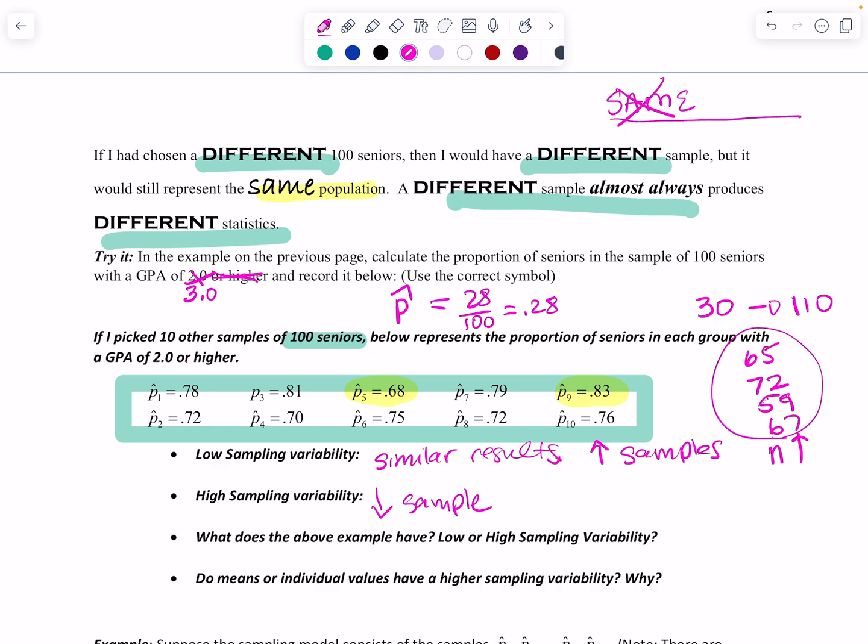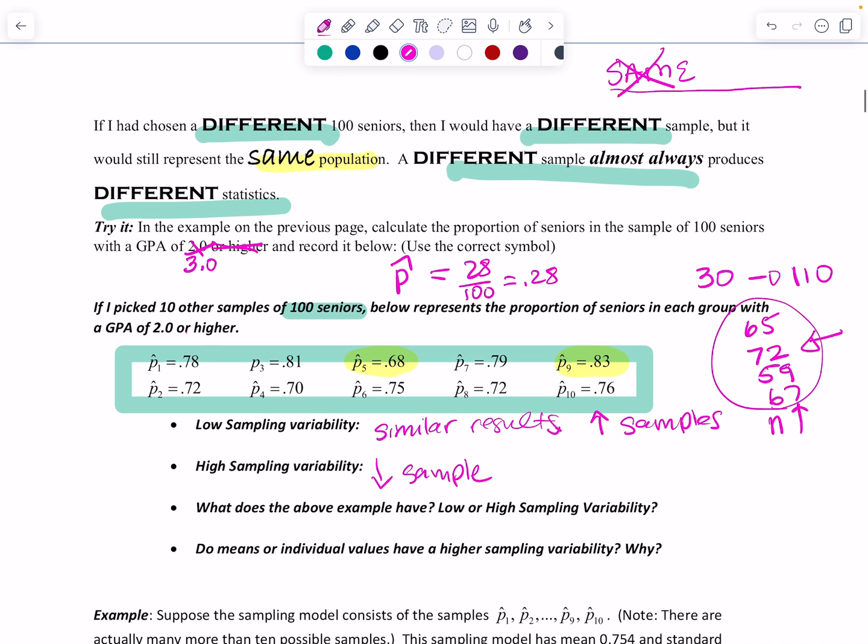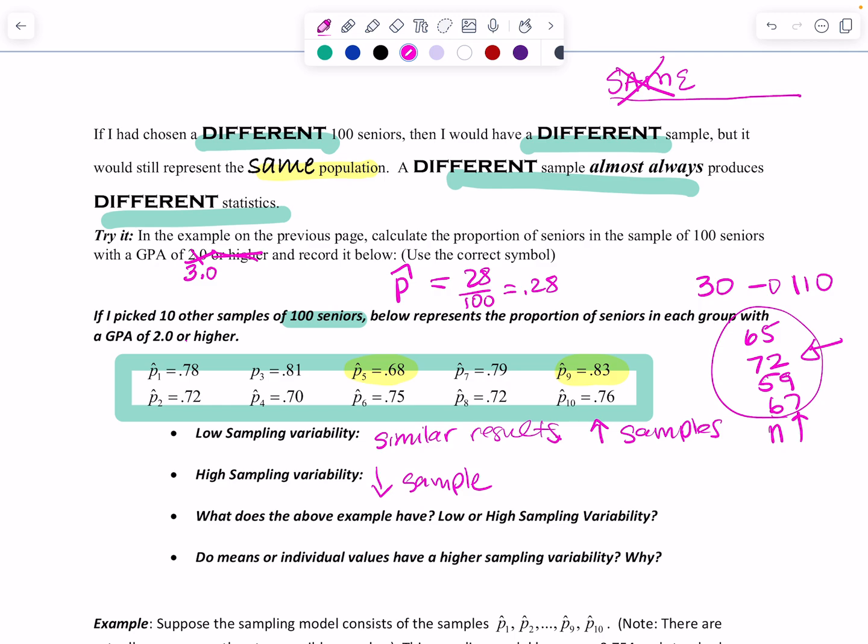So when I found the average of each class, the sampling variability went down quite a bit. The individual values are going to have a higher sampling variability, like I just showed you. These are individual values, and these are averages, and the individual values definitely have a higher sampling variability than the averages.